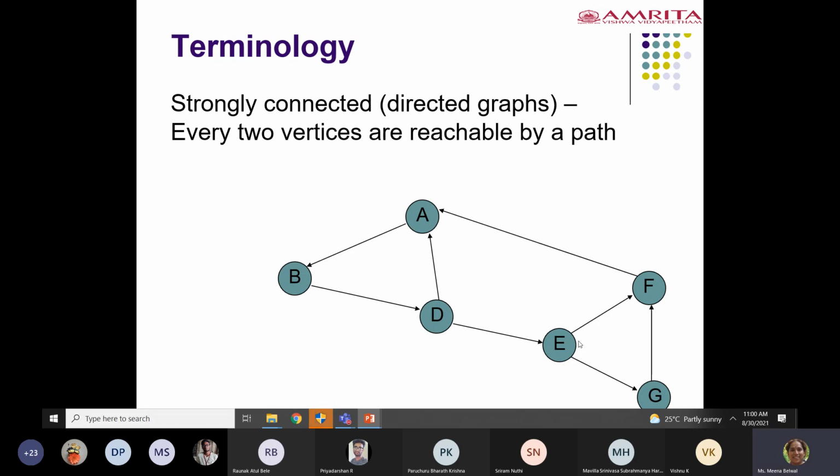From E to A, I can reach. From E to D, I can reach this way. I mean, there is a path. A path should exist. A to G, G to F, F to A, I'm able to reach. This is a strongly connected graph, because every two vertices are reachable by a path.